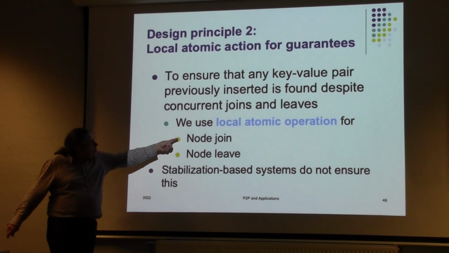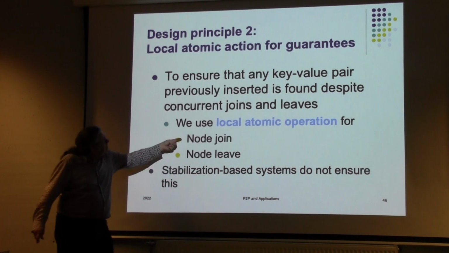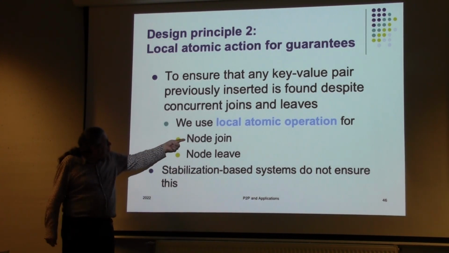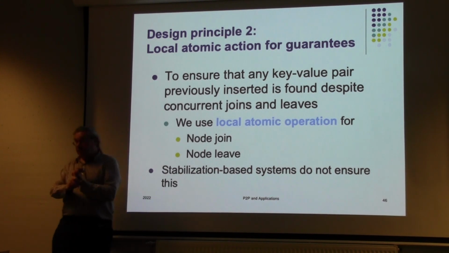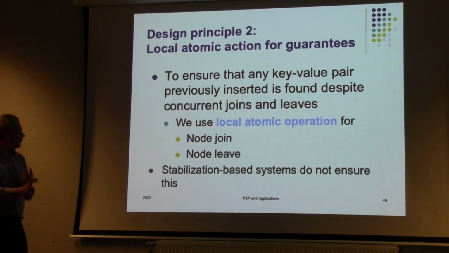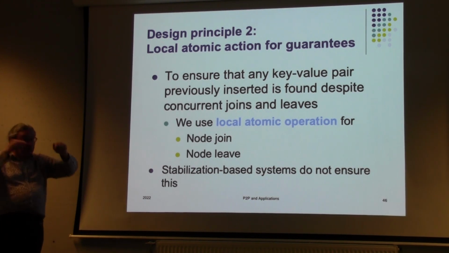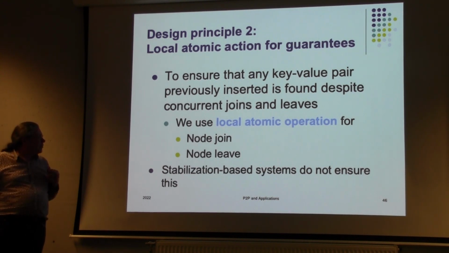So you need to have an operation letting a node join or a node leave. So how does that work? Because those new nodes have to have routing tables, they have to have predecessor and successor pointers, and if you have concurrent joins, they have to not interfere with each other.